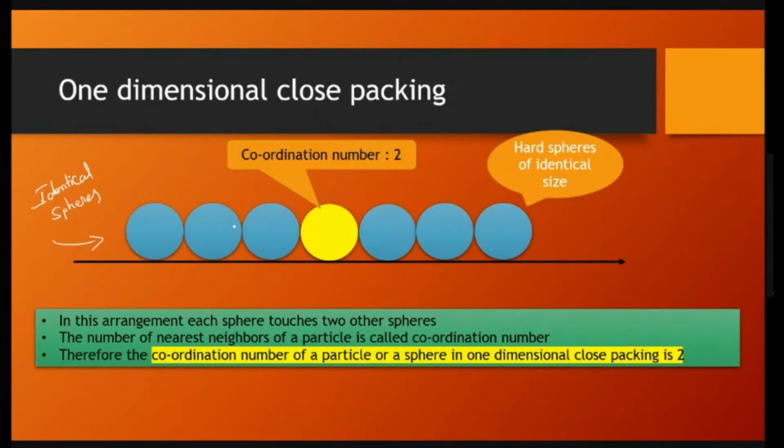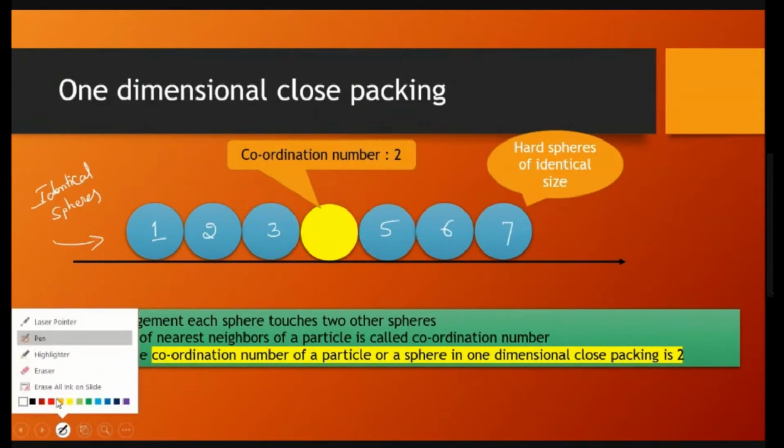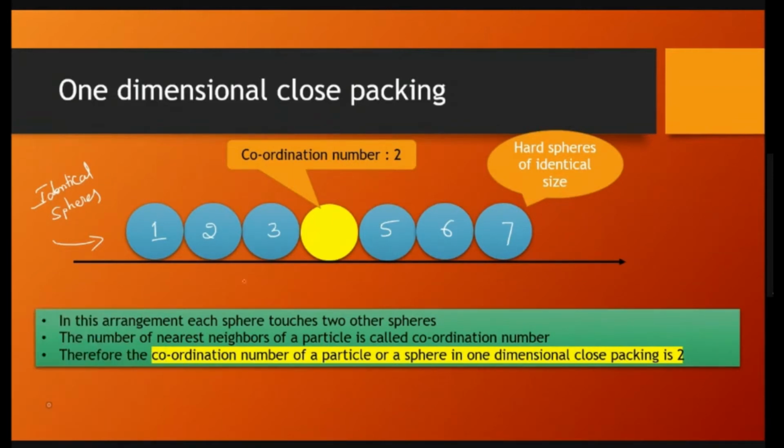These are arranged in a regular manner, one after the other, in one particular dimension. I'll mark these identical spheres as 1, 2, 3, 4, 5, 6, 7, one after the other, placed in a regular manner.